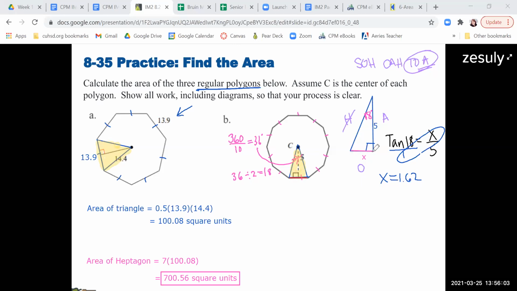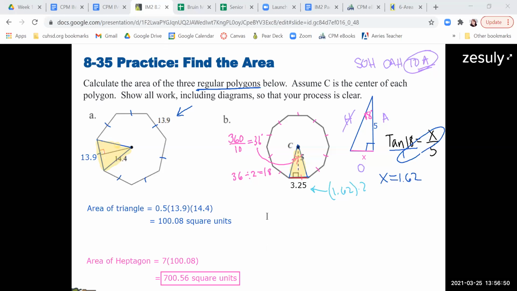So if this length is 1.62, I just have to double it. 1.62 times 2 will get us our base, which is about 3.25. So right here will be 3.25. The base of our yellow triangle is 3.25 because it's twice as big as x.